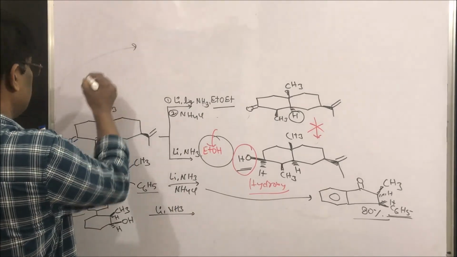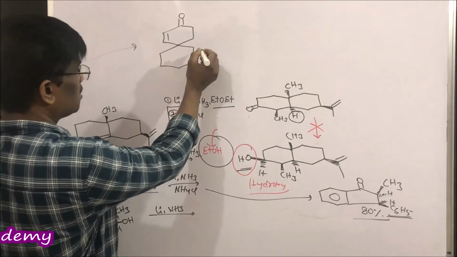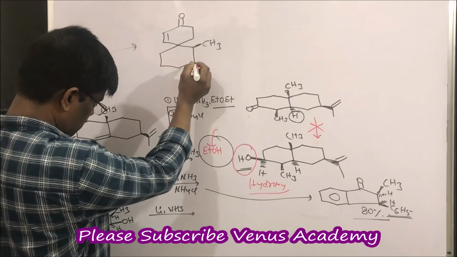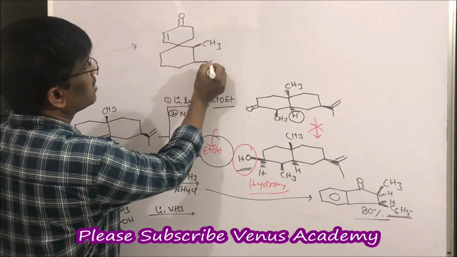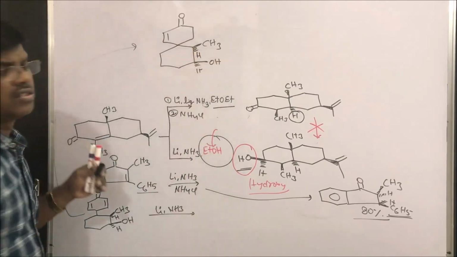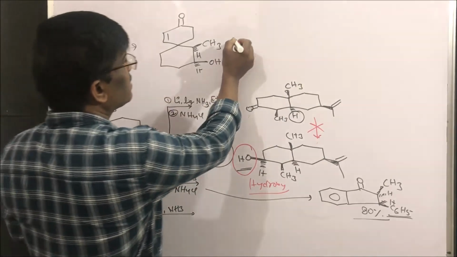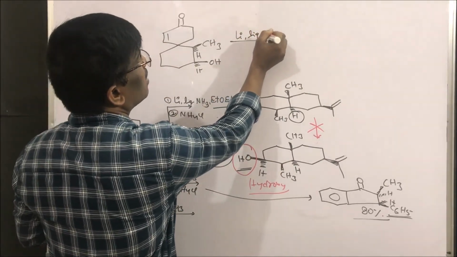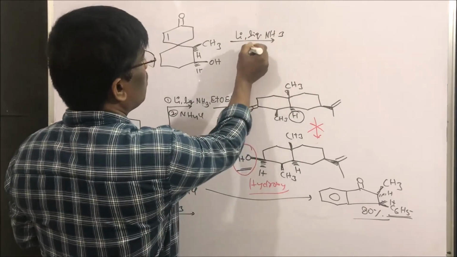I will write here. So this is already here, methyl is here and OH, here hydrogen and here hydrogen. So what is the compound you expect? Yes. So let us write lithium, liquid ammonia and ammonium chloride.